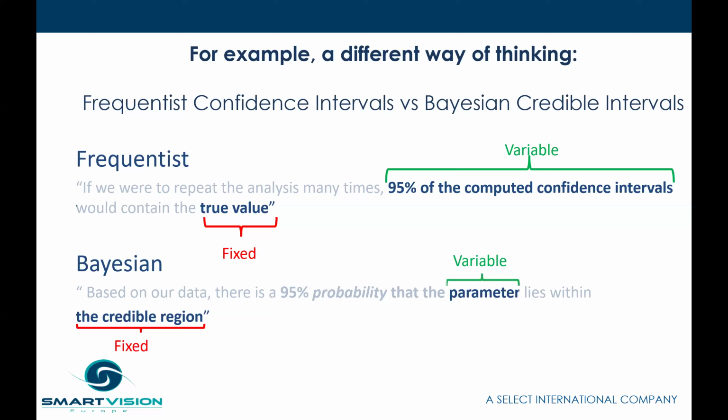So they're variable. But the thing that you're trying to estimate, the true R value, is out there and it's fixed. Whereas the Bayesian approach says, no, no, no, the true R value isn't like 1.1 or something like that. 1.1 is the single most likely value, but in fact it's a distribution of values.